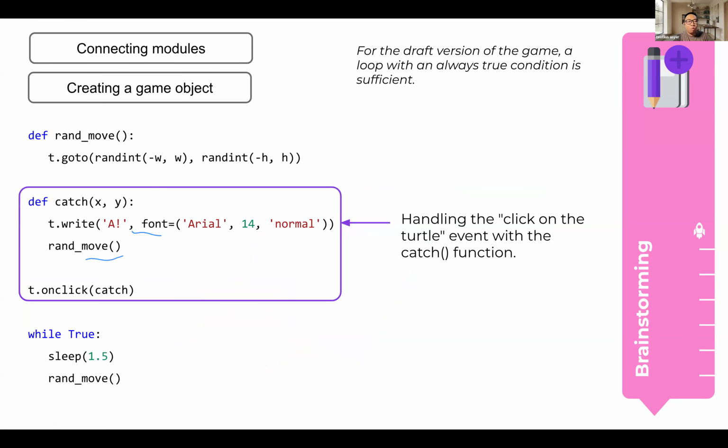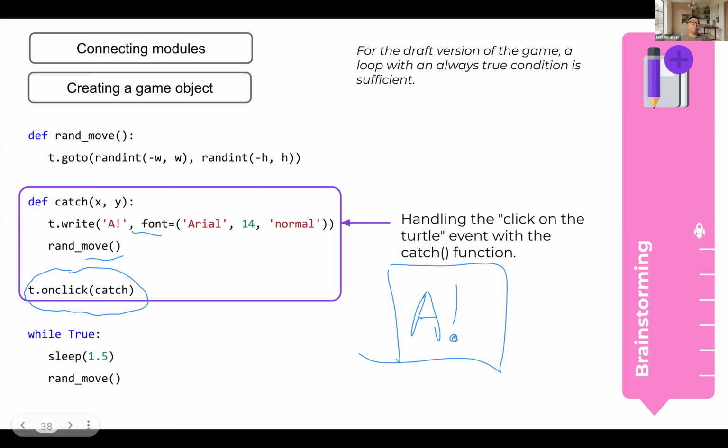And if you catch it, what will you do? First, you have to show the statement, the "A!" with the exclamation mark, and then your turtle can move again into another random position. And all of this is handled by this onclick function. You get it? Yeah. Is there any questions before we continue?